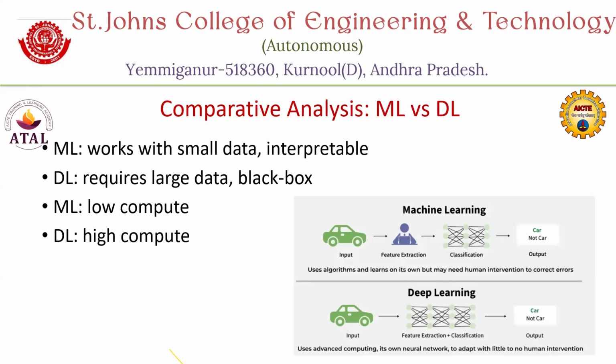If I want to explain the same thing with an example or a figure, here I have clearly shown it. Just see here, I am giving this input of a car. The machine learning algorithm initially extracts the features of this car.